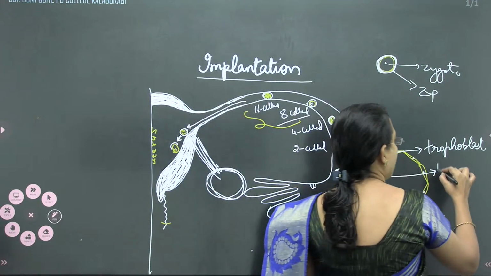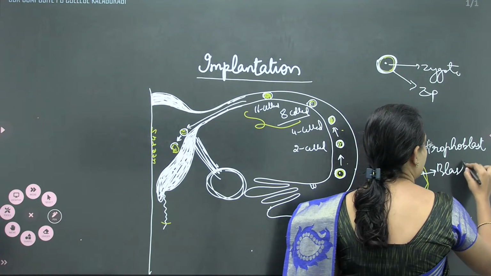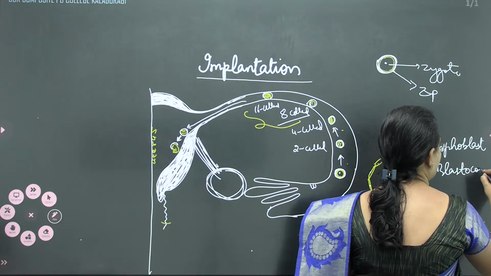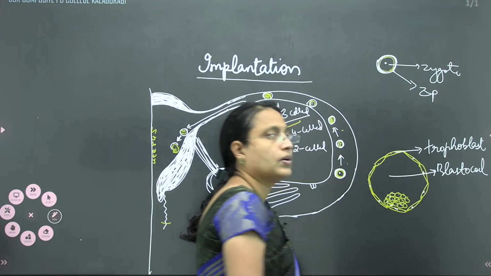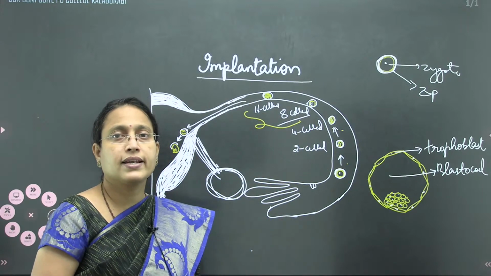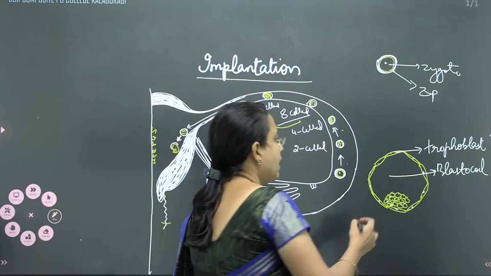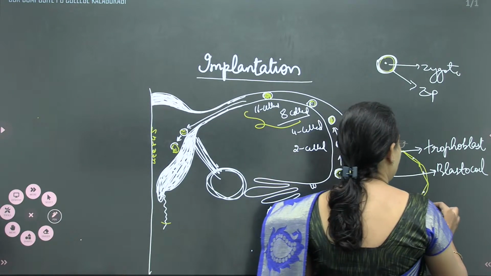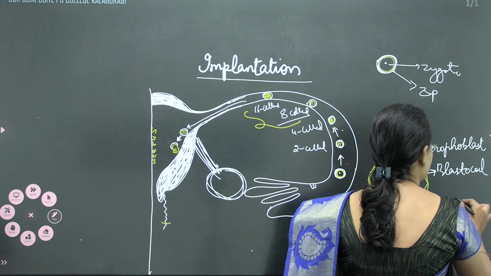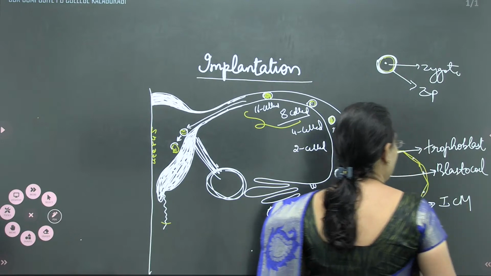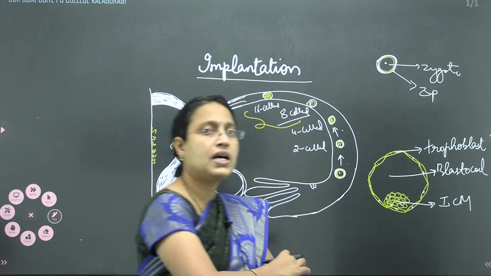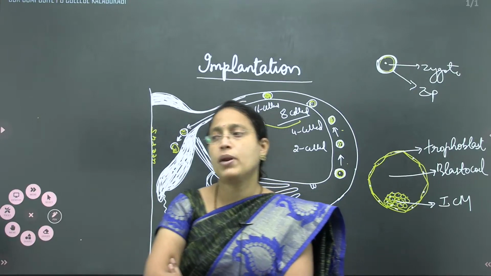It is called blastocoel, the blastocoel cavity. This cavity is formed in blastocyst. And this is inner cell mass.